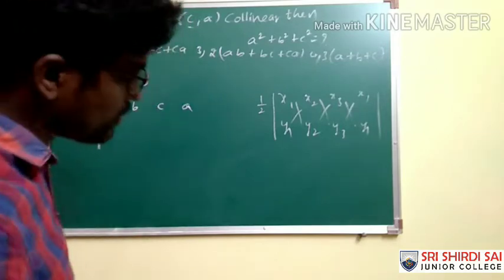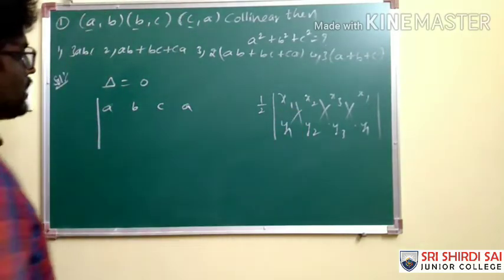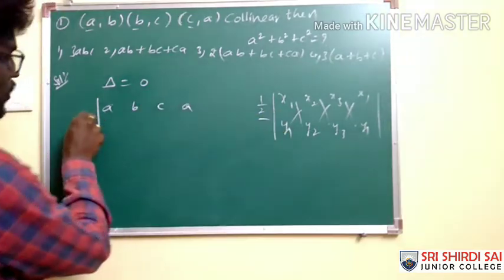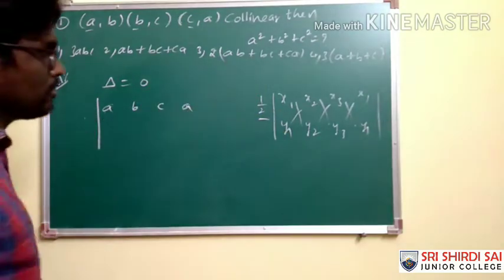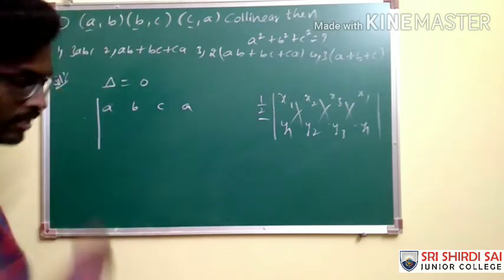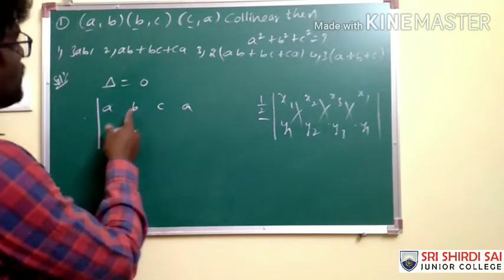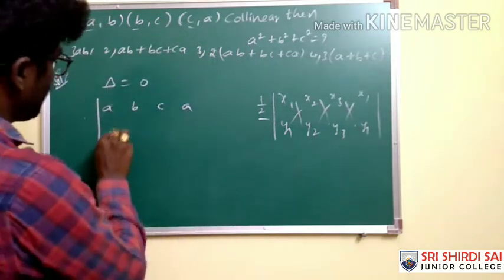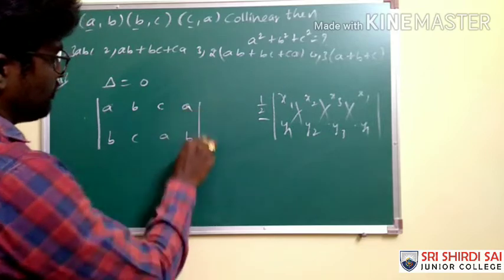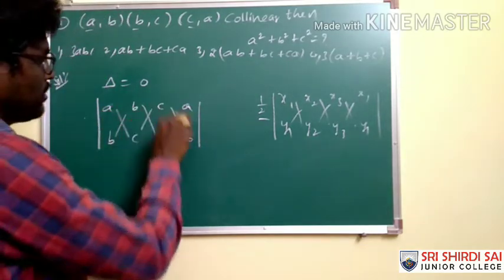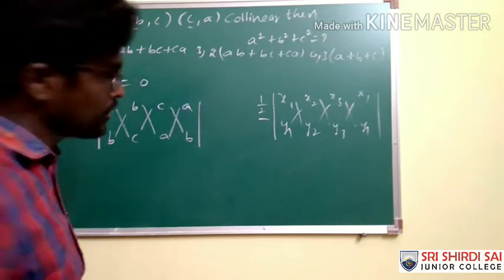So with this formula I am going to expand this. Since we are talking about delta equal to 0, I am not taking half, because transposing half to the other side, you will still get the value 0. Therefore, A, B, C, A, and coming to y coordinates, B, C, A, B. Now let's go for cross product.